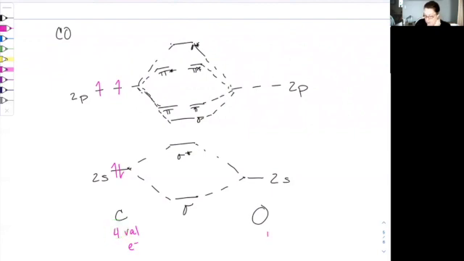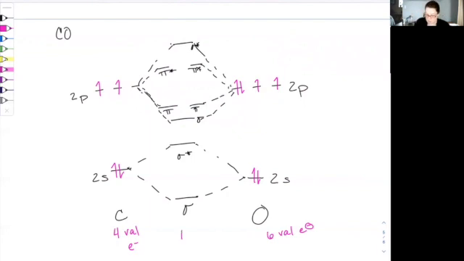All right, oxygen, 6 valence electrons. So we're going to fill up its atomic orbitals, starting at the bottom, 1, 2, and then we have to jump up to the next energy level, which is the 2p. So here's 3, 4, 5. We're not done, so now we need to start pairing. Here's 6. Now we're done. So we have the 2 atoms. Now let's bring them together and fill up the molecular orbitals.